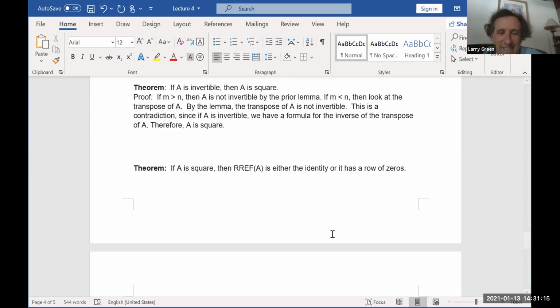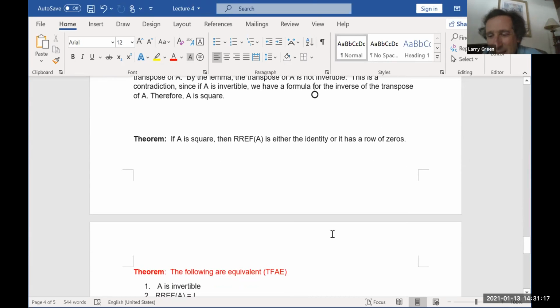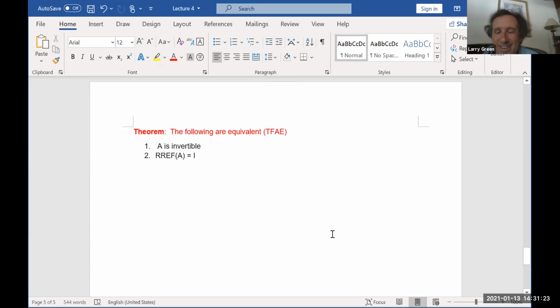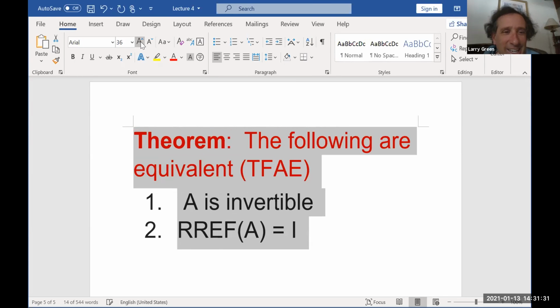All right. Now comes the big theorem of the quarter. And this is the TFAE theorem. Notice I put it in big. It's that important.